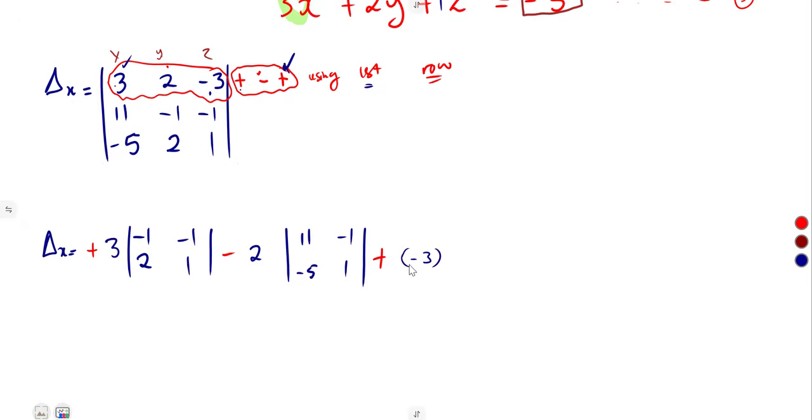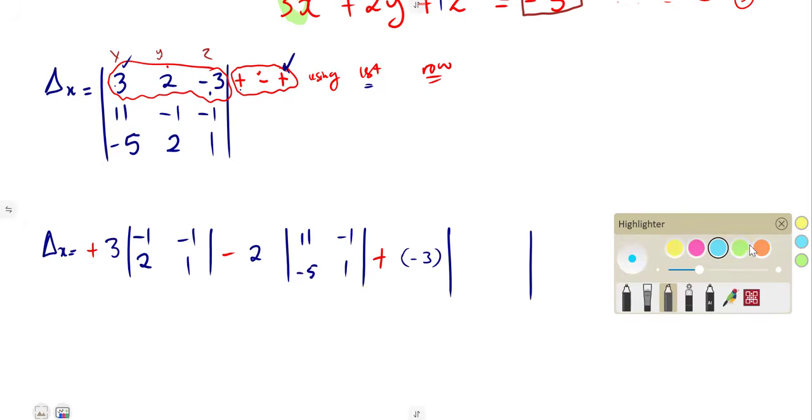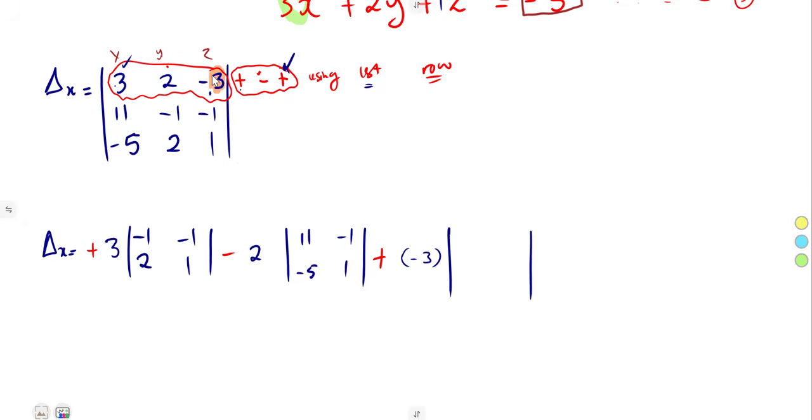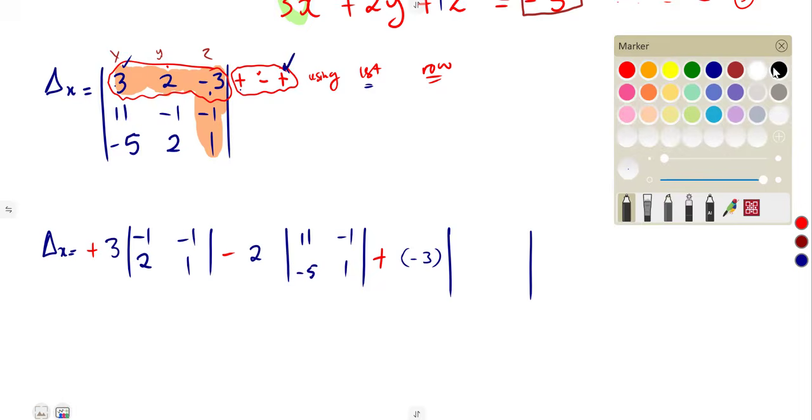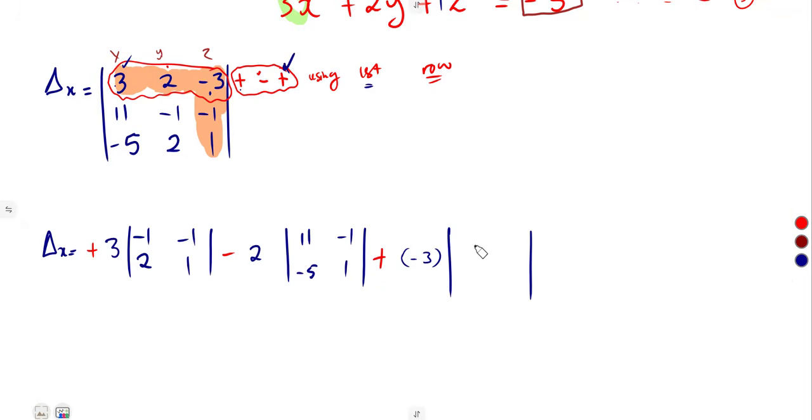Then we determine the determinant by closing the row and the column where that element, negative 3, is found. What you're left with is 11, minus 1, minus 5, 2, just like that. So this is your determinant. By evaluating this, you are to determine the determinant of x.